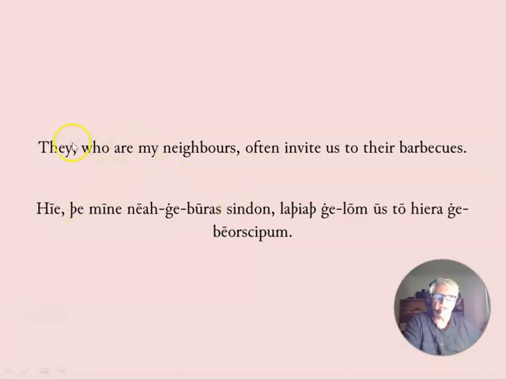So see where it says this subordinate clause interrupts the main clause, and the verb are here, the to be verb, it goes to the end, sindon. So here in modern English we have who are my neighbours, verb in the second place, but in Old English, this being a subordinate clause, the verbs must go to the end, all of them. So this one, first verb goes to the end, sindon.